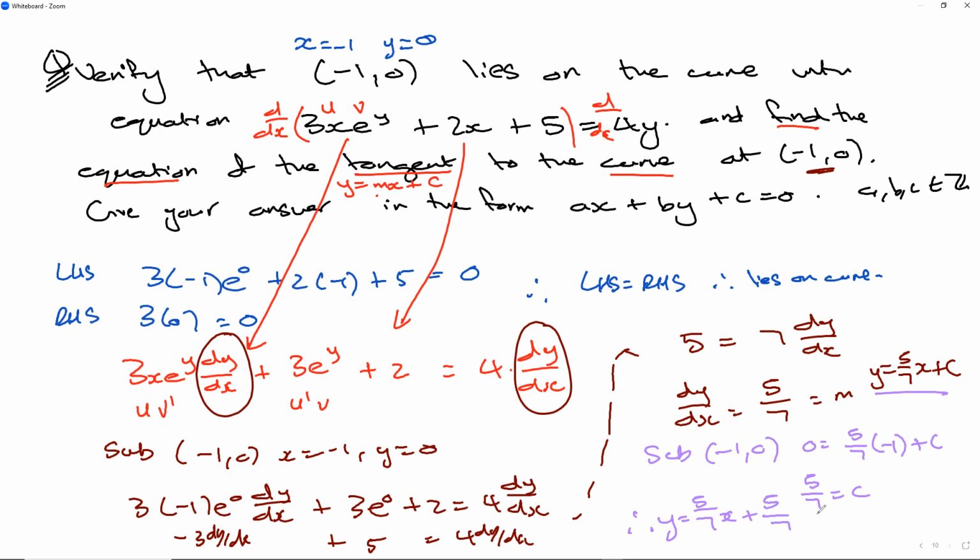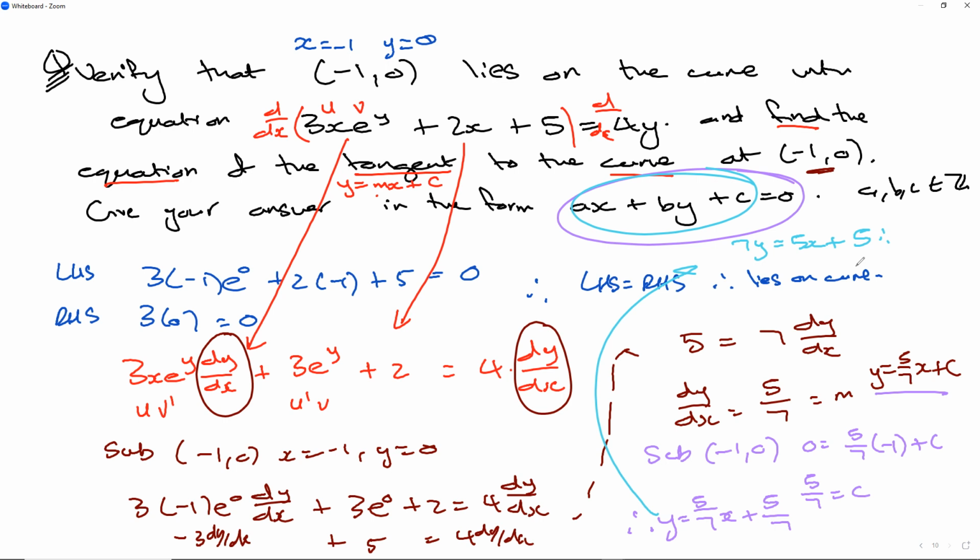All right, I need to get it in this form. So I would end up multiplying everything by 7. And when I multiply everything by 7, my final answer ends up as 7y equals 5x plus 5. And we want everything on the left-hand side.